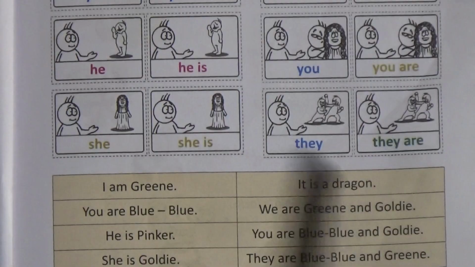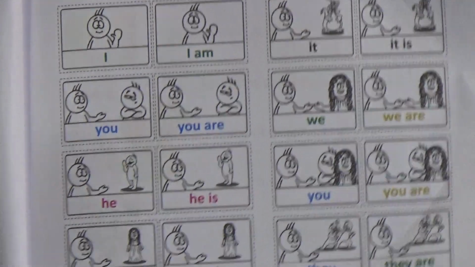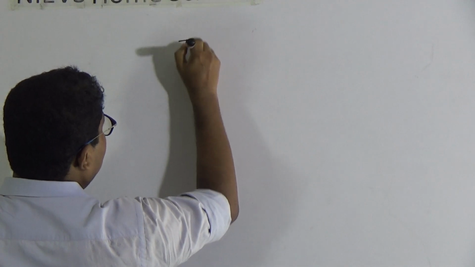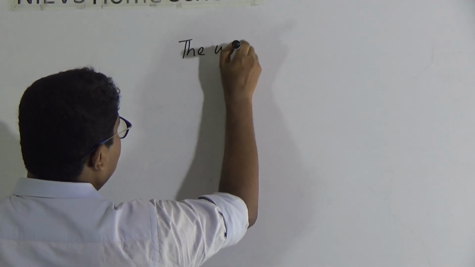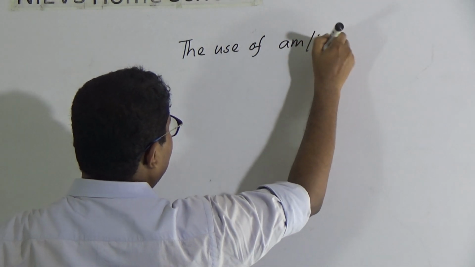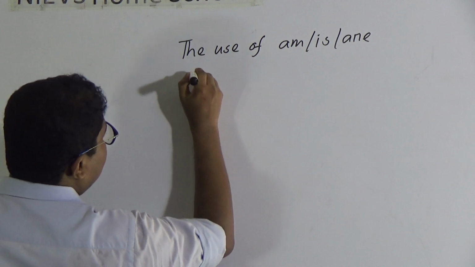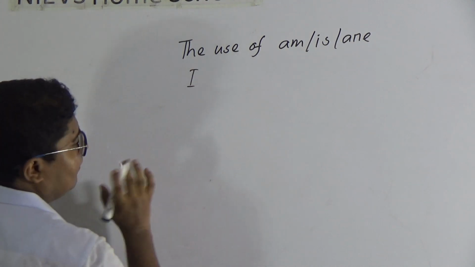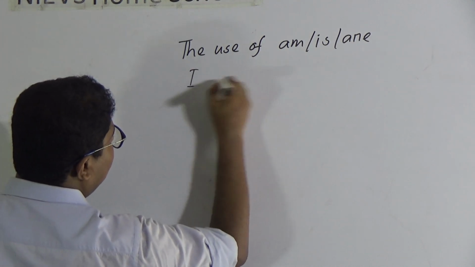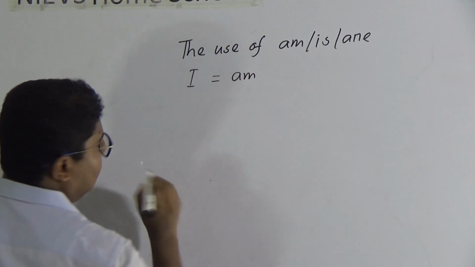So I am now showing you where we have to put am, is, are. Let's see very easy grammar. The use of am, is and are. So if we find I, after I we have to always put am.